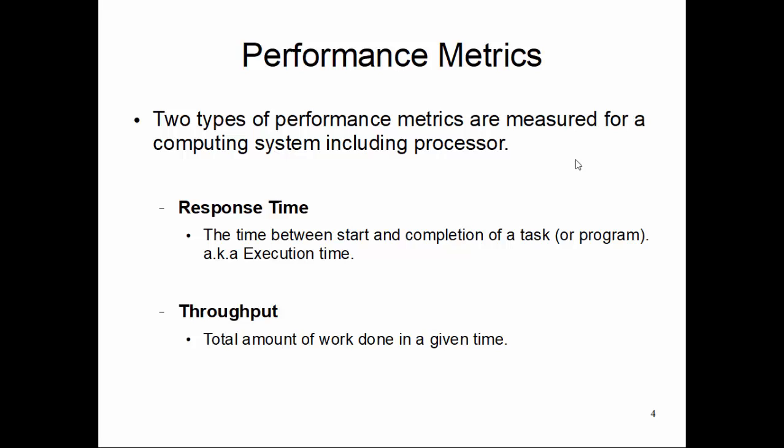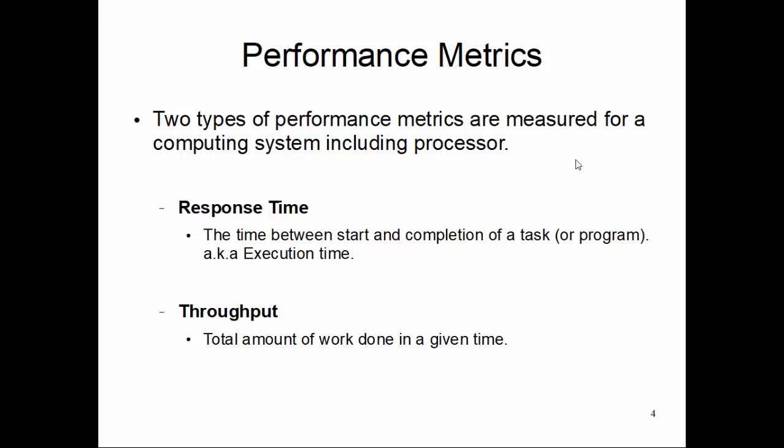You can think of throughput as more from the computing system's perspective. If you think of yourself as a computing system, then what we are looking for here is the total amount of work done in a given time. Just an analogy: let's say you have been given 10 mathematical problems to solve, and one person solves them in 10 hours, another person solves them in 5 hours.